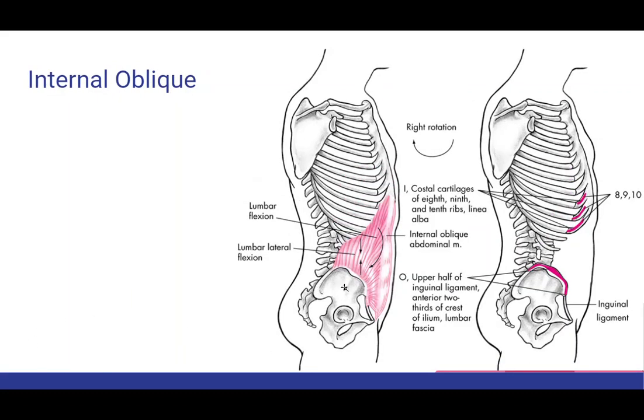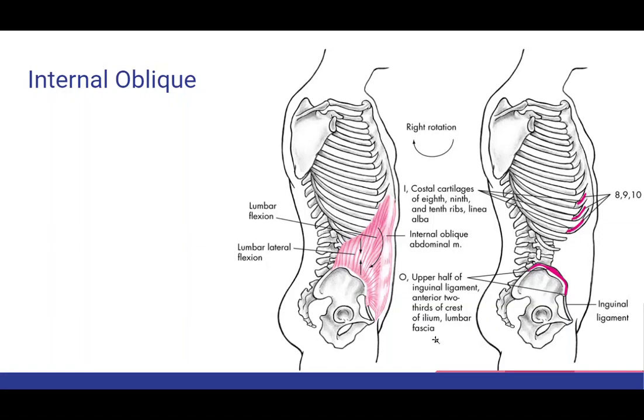Deep to those are your internal obliques, so they're going superiorly and medially, right? So 90 degrees from the external oblique muscle fibers alignment. And bilaterally, they help with lumbar flexion. Ipsilaterally, they go to, so the left internal helps with the left lateral bend.